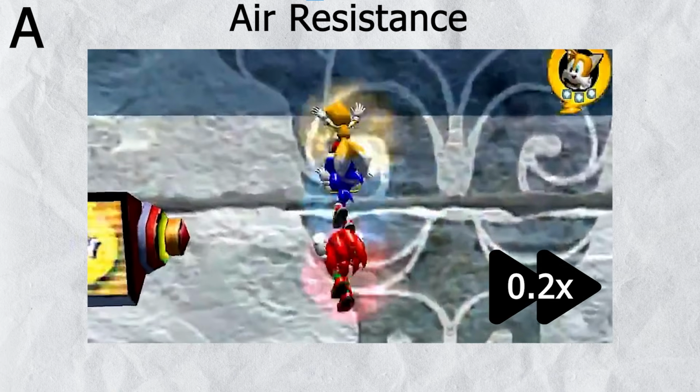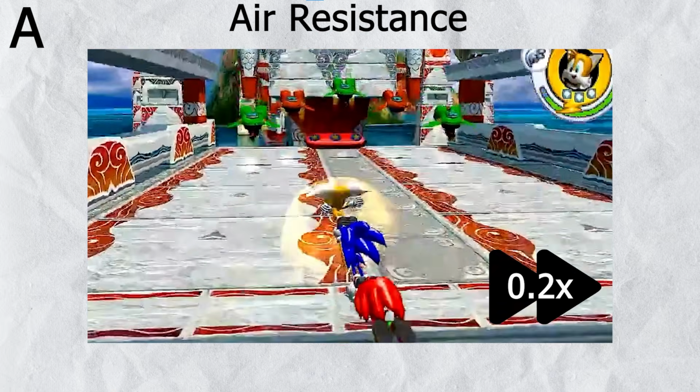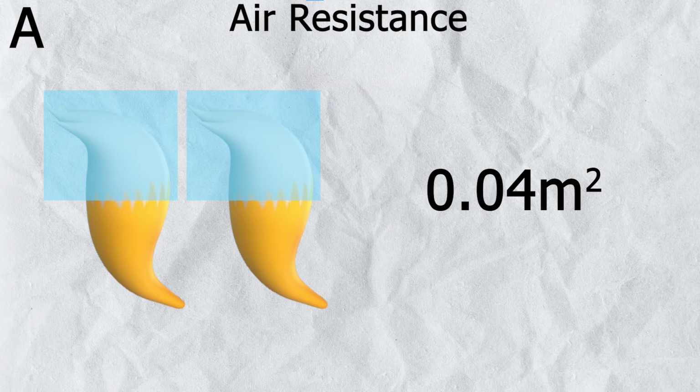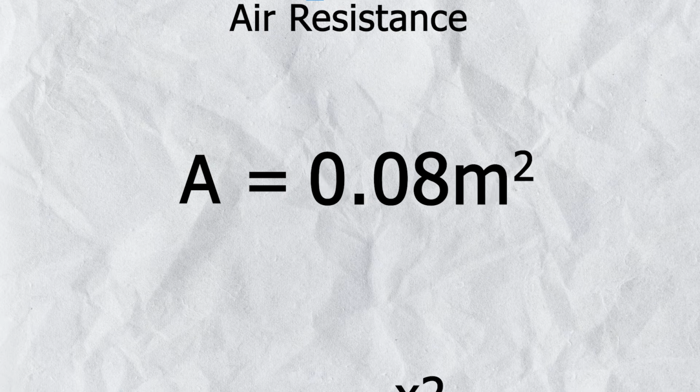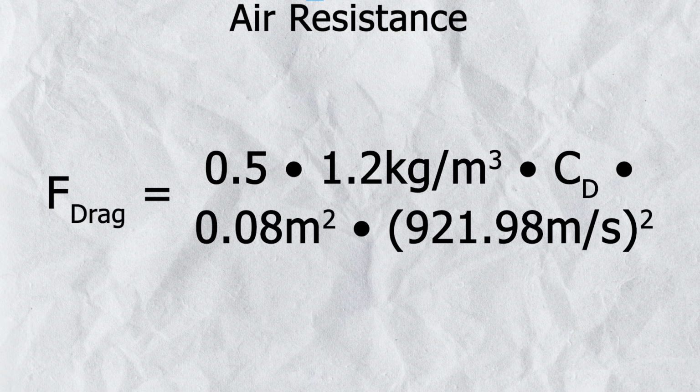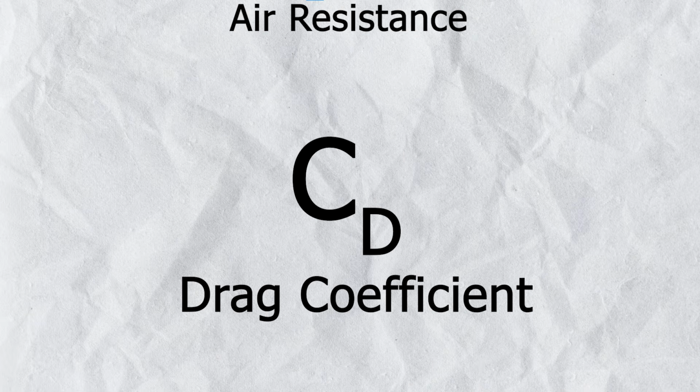Remember, he sticks up his tails and rotates only about half of each tail, so I'm only measuring half of each tail. Since he has 2 tails, multiplying this by 2 gives us a total forward-facing area of 0.08 meters squared. Now, we're only left with the atrocious drag coefficient.